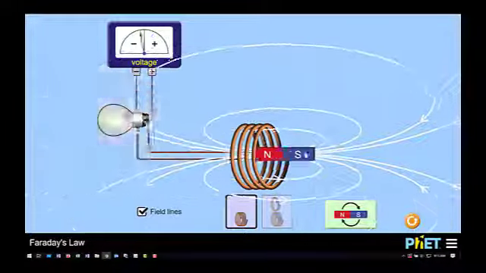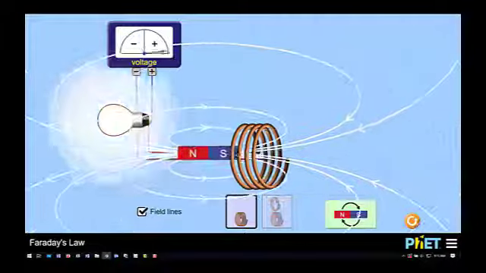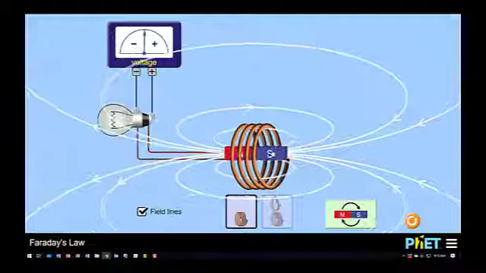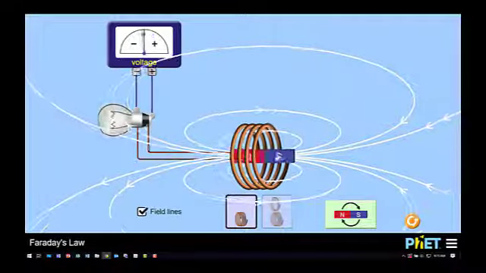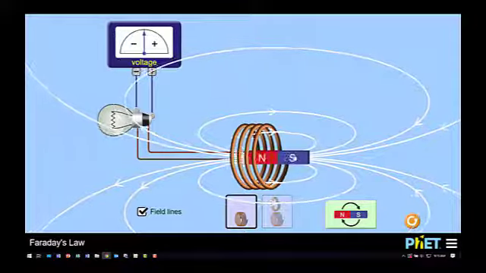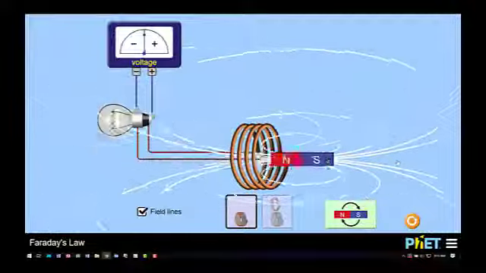And the current obviously is also reversing. So this is an alternating current situation. Notice that the slower I go, the less effect it has, but the faster I go, the more current can flow.